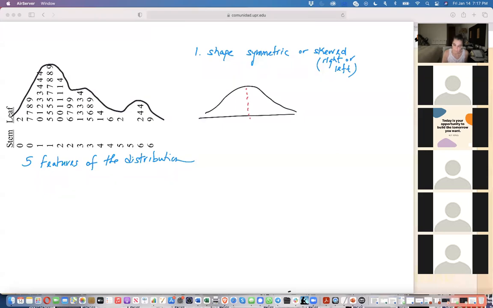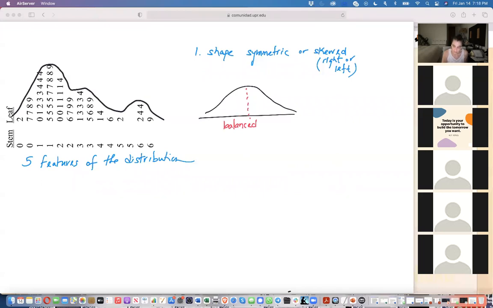Symmetric means most of the values are around the center, and you have just as many values higher as you have lower. And you have just as many values much higher as you do much lower. It's a balanced distribution.